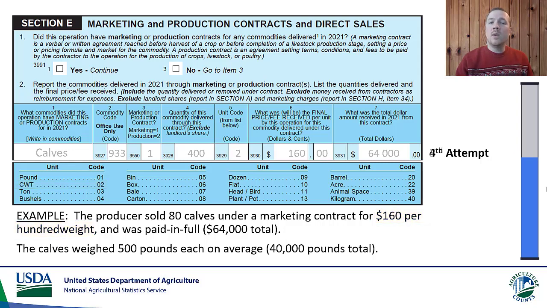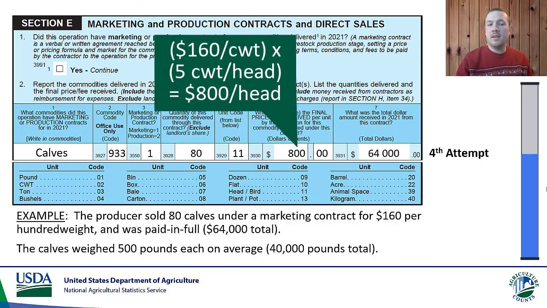There's often more than one way to record it consistently, but you may have to do a little math or probe the respondent. This fourth attempt is an alternative with consistent units. I wrote that 80 calves were sold using code 11 for head, but since the producer expressed his price in dollars per hundredweight, I did a little math to convert it to dollars per head and arrived at $800 per head for the price.